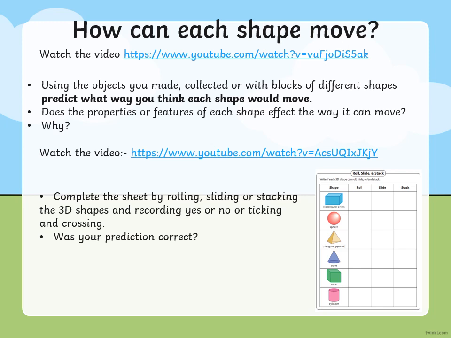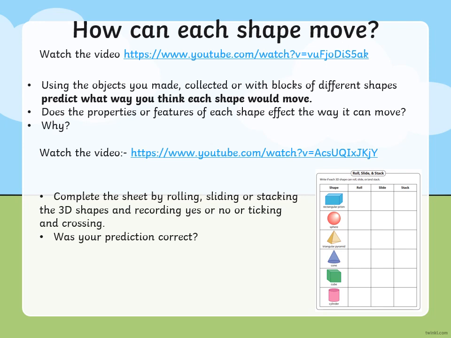There are a couple of videos to help you with this. There's one video that will be a song, and another video that will have a little bit more detail for you to watch. These are really great. If we were in the classroom, this is exactly what I would show you. So I hope you can follow the links and get an understanding of the ways that we can move different shapes.